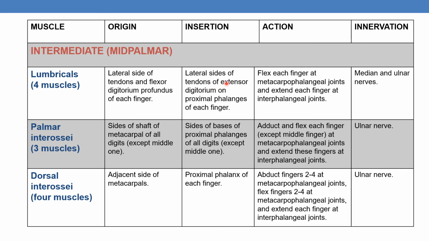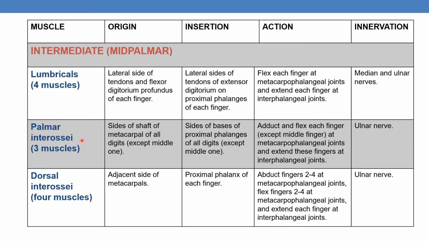Insertion is the lateral sides of tendons of extensor digitorum on proximal phalanges of each finger. The action of lumbricals is they flex each finger at metacarpophalangeal joints and extend each finger at interphalangeal joints. Innervation is by median and ulnar nerve.